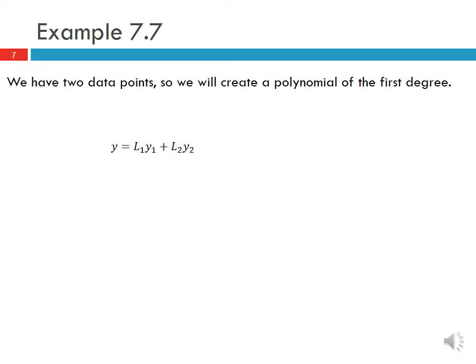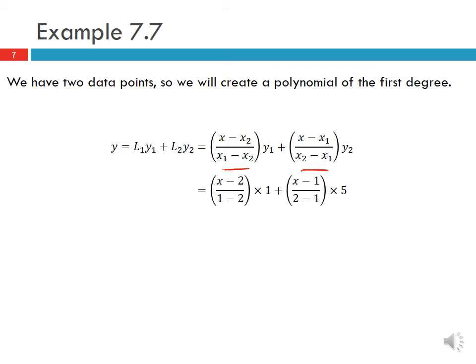So our function has the form shown here, so y is equal to L1y1 plus L2y2, and then we can use our product operator to expand out what these L's were. So L1 is equal to x minus x2 divided by x1 minus x2, and L2 is equal to x minus x1 divided by x2 minus x1. If we plug in the values that we have, we see that we get y is equal to 4x minus 3.